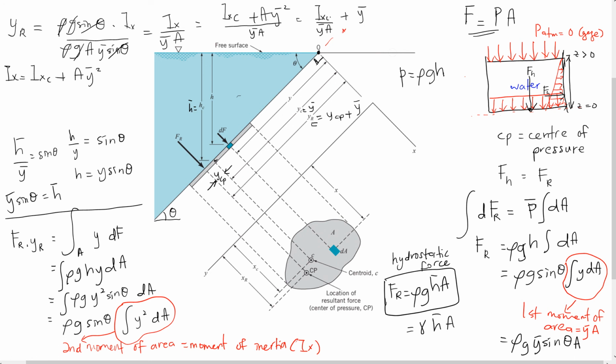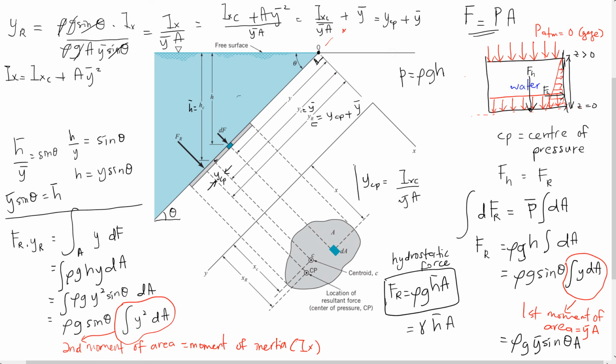This is YCP, Ixc divided by Y bar A, and this is Y bar. So you can write it as YCP plus Y bar. So this is how you get the YCP equation, where YCP is equal to Ixc divided by Y bar A.